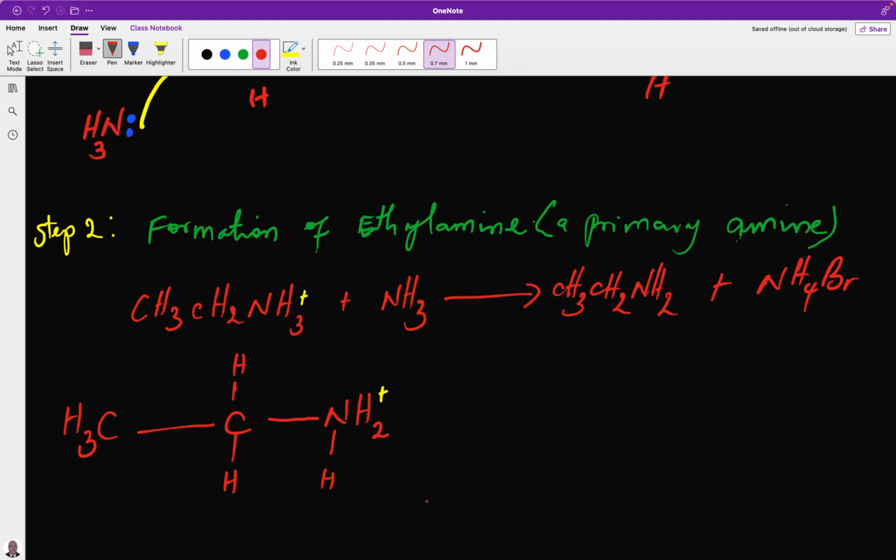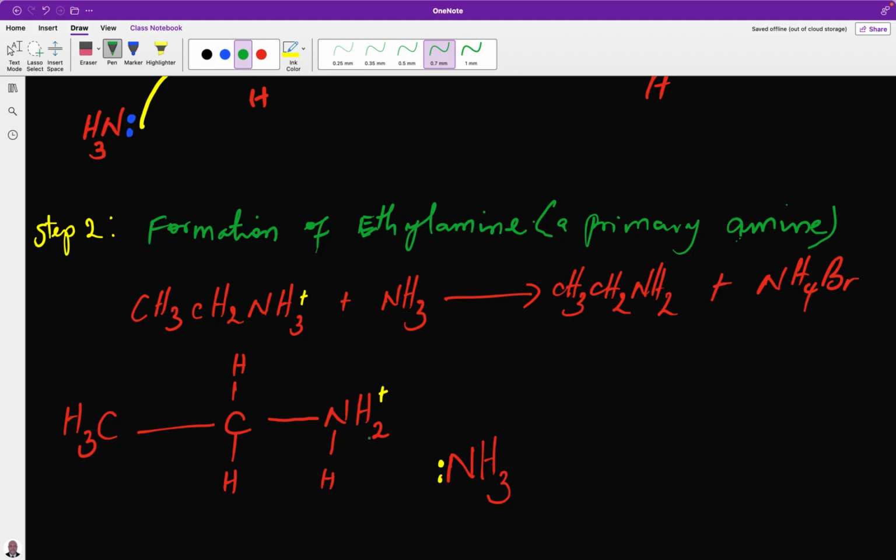So now the nucleophile again, excess ammonia, comes in with its lone pair of electrons on the nitrogen as usual. And what happens? See what is happening?